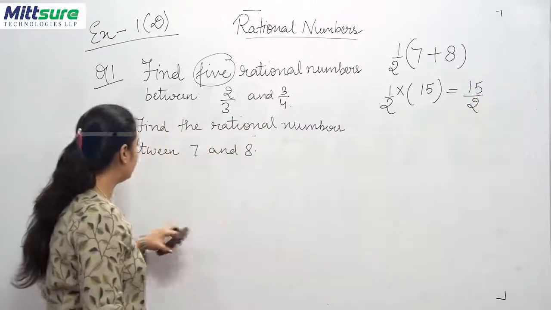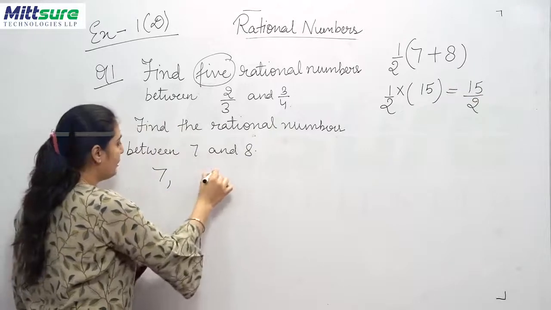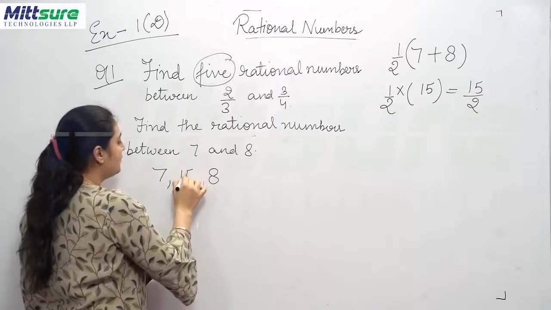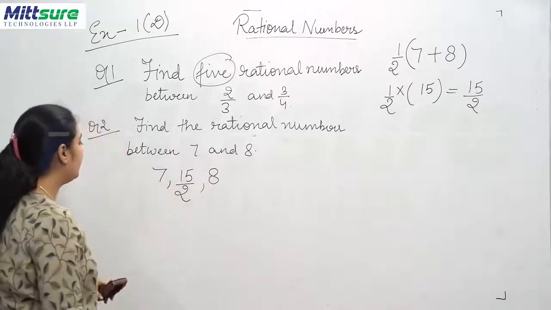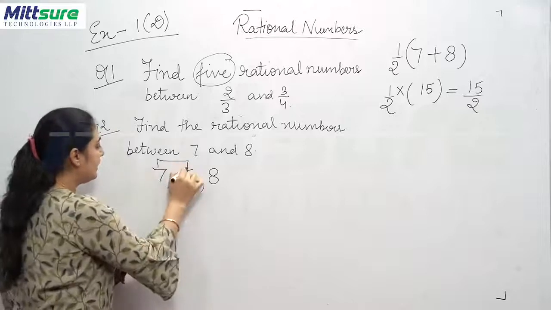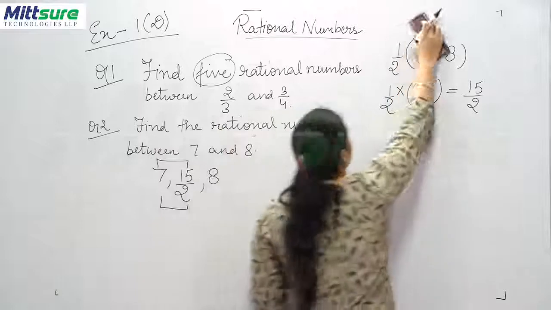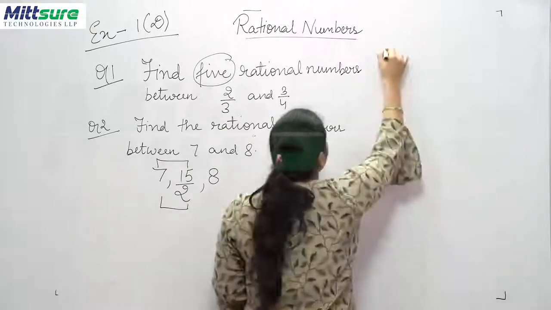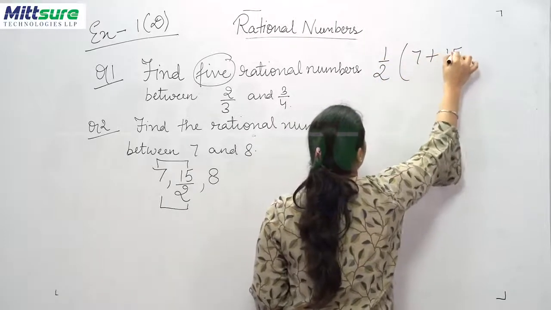Now let's come here. The midline number between 7 and 8 now comes to be 15 upon 2. Now we will increase the range by taking 7 plus 15 upon 2 to find out the midline number between the both.